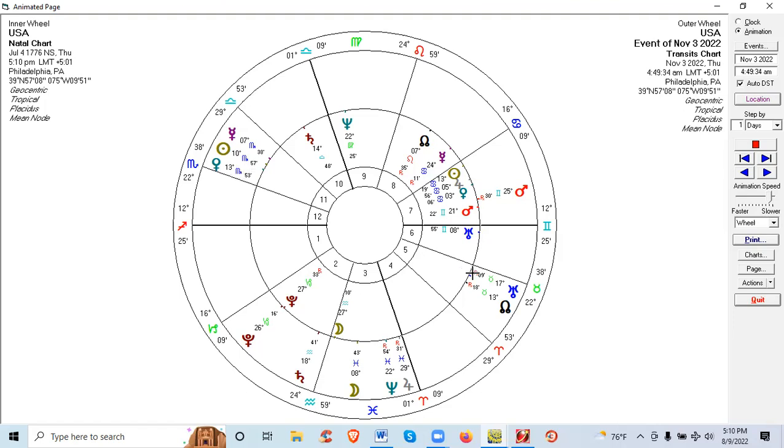And then we'll have Venus about to oppose Uranus. So let's look. Okay, here we go, now the 4th. The 5th, now Venus is starting to oppose Uranus. And then there we have the 6th, Venus opposed Uranus.